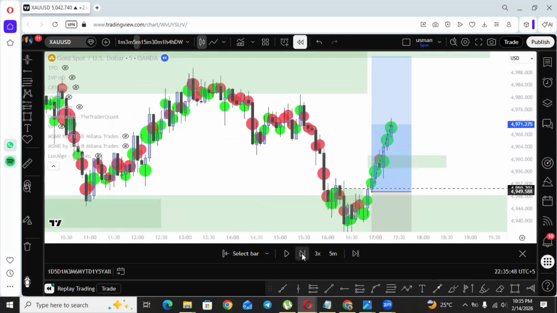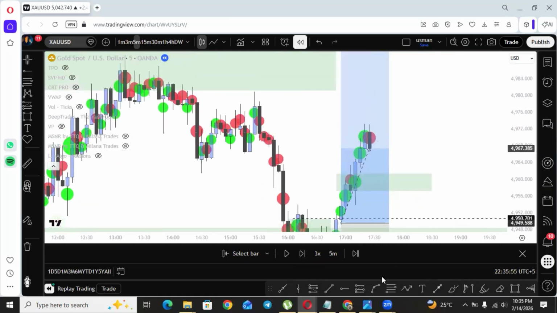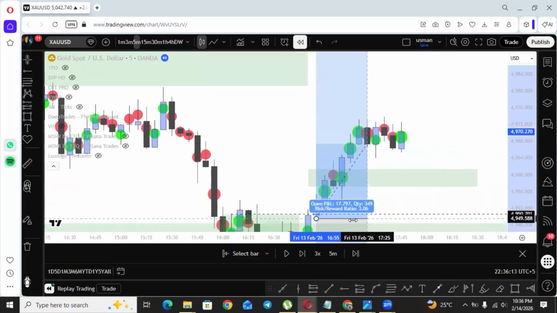Play it. Again, sellers tried to push down. Okay, so what happened? Again, buyers are trying to absorb them. Again, sellers are pushing down. So what's suspicious at this point?